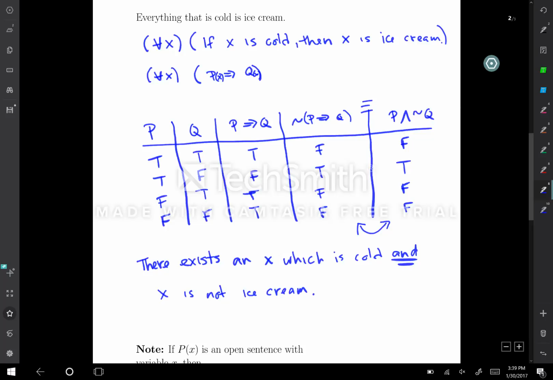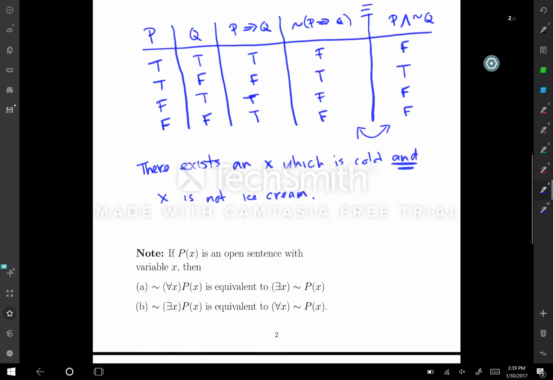This is a very usual convention in mathematics, and we'll use it to prove a lot of things. So make sure that you understand that the negation of an implication can be expressed as P and not Q.